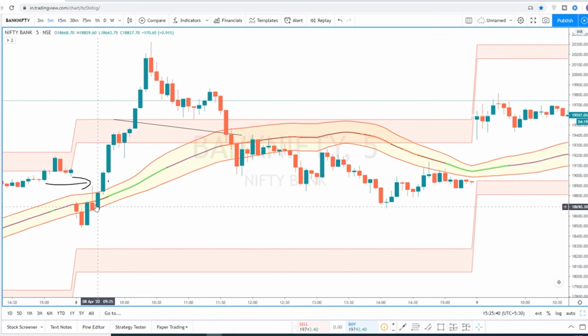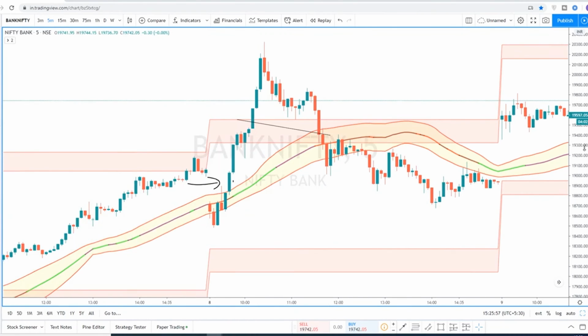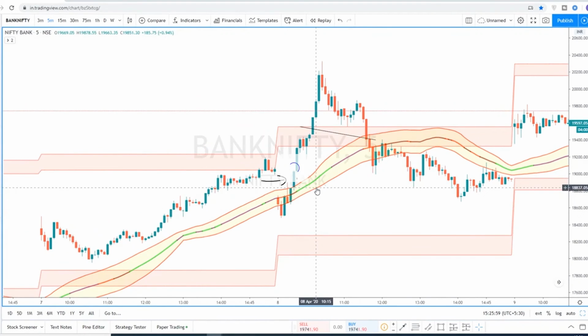If you are taking trades based on the bands, take it very near to the bands and keep the stop, because the stop loss would be near, and your risk would be minimal. If you take an entry here, your risk would be this much, correct? Huge risk will be there. So always take trades very close to the bands and very close to the zones.